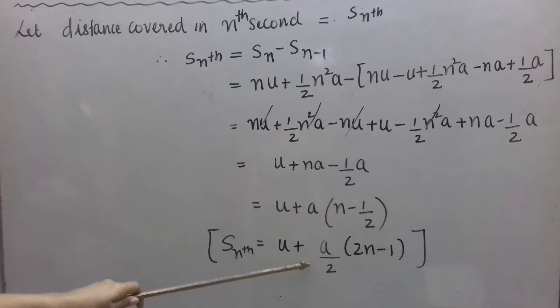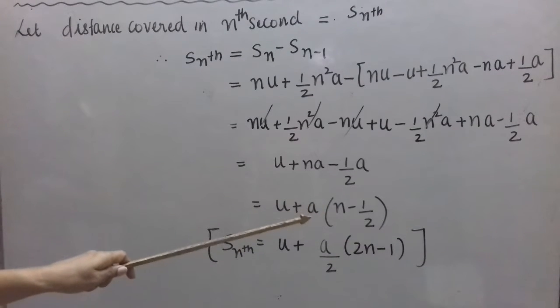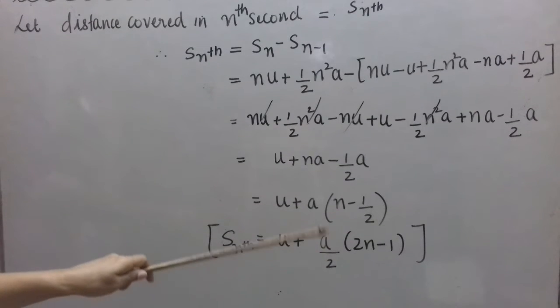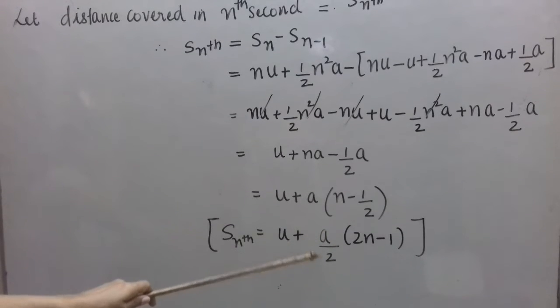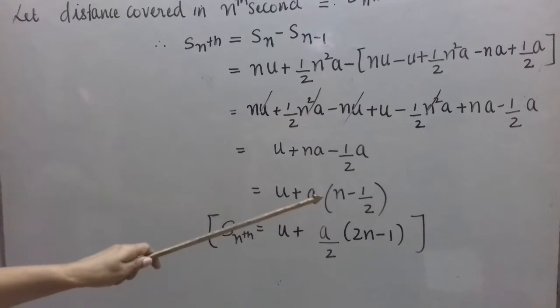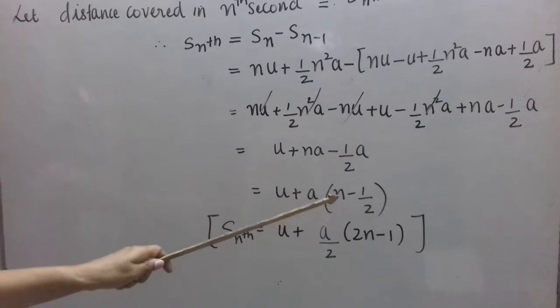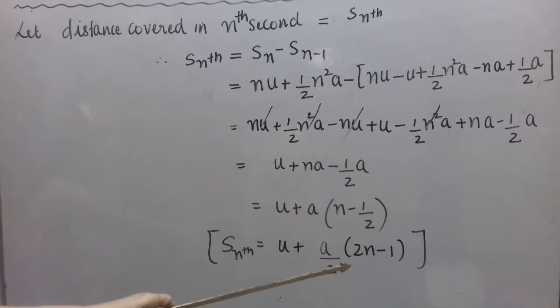So a by 2, I have divided by 2, so I have to multiply each term inside the bracket by 2. Inside the bracket, n I have to multiply by 2, because only then a by 2 into 2n will be a into n. So I have multiplied n by 2, minus, again I have to multiply half also by 2. If I multiply half by 2, 2 gets cancelled and we are left with 1.